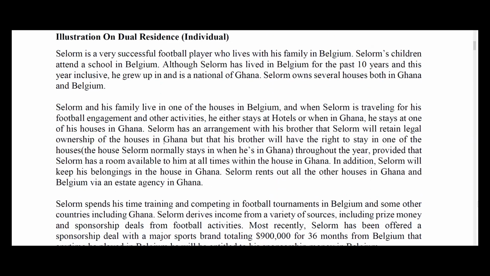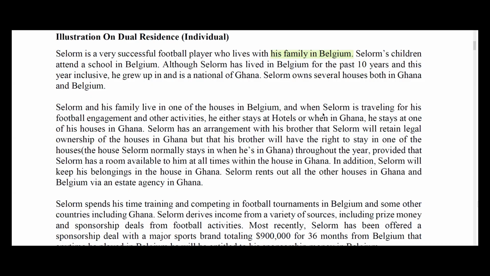Selom is a very successful football player who lives with his family in Belgium. Okay, lives with his family where? In Belgium. Can we all agree this is his permanent home, or can we conclude? For now, we can't. Let's move on. So let me give you the trick. This can be very fun.